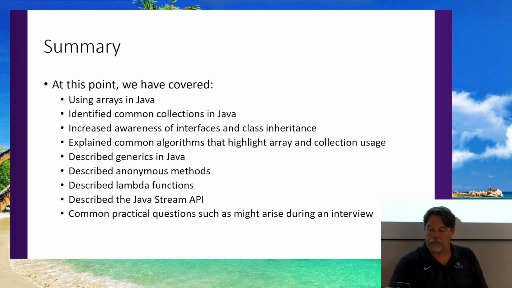Throwing mud on the wall, see what sticks kind of thing. Some of these algorithms, we implemented a bubble sort. Again, generics, synonymous, Lambda functions, Stream API, those are roughly related topics, and there are fancy features that you don't have to learn, but if you do learn them, they make a big difference in your effectiveness as a programmer. And then we talked about some questions that might arise during an interview.